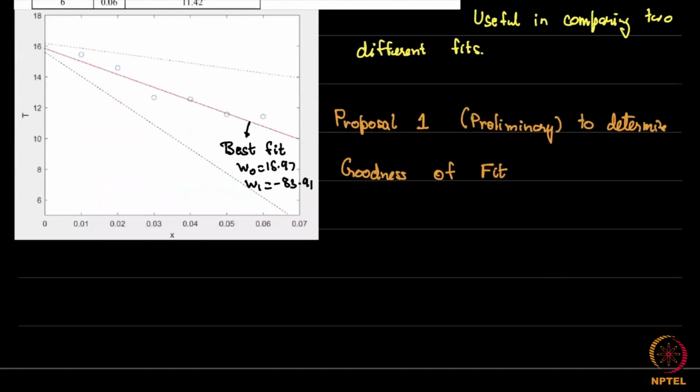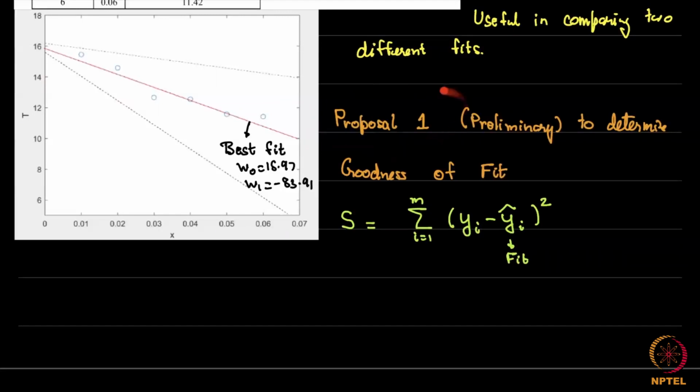We already have a measure for our error. So we have S equal to the sum of (yi minus y hat i) squared, where y hat i is essentially our fit. We sum this over all data points, and this is a measure of goodness of fit. So this is our proposal.